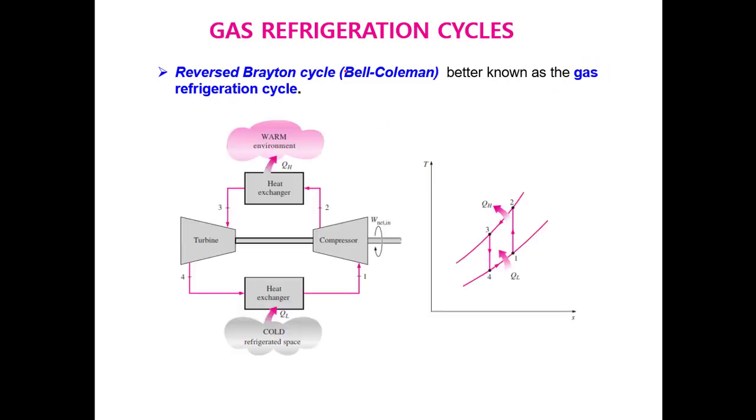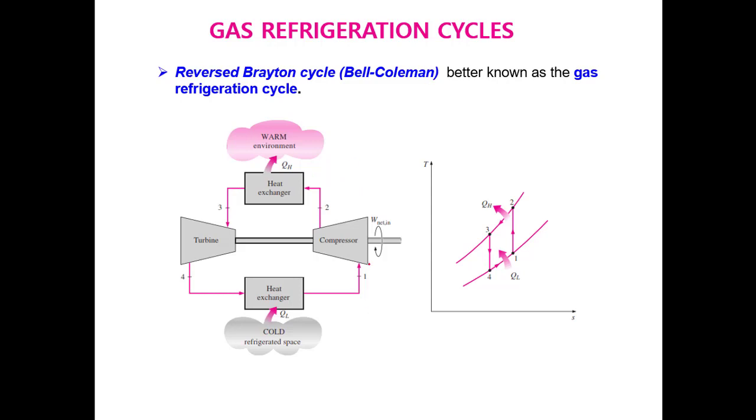Now you are already familiar with the Brayton cycle. What happens in the Brayton cycle? You are familiar that in the Brayton cycle, first the air enters into the compressor, then the combustion process, and then the expansion in the turbine, then the exhaust process. But this is the reverse of the Brayton cycle, so that's why it's called the reverse Brayton cycle.